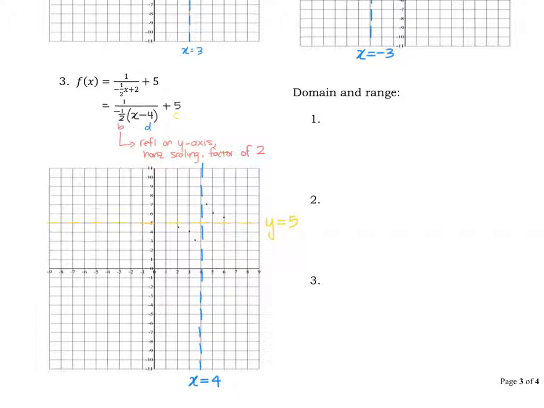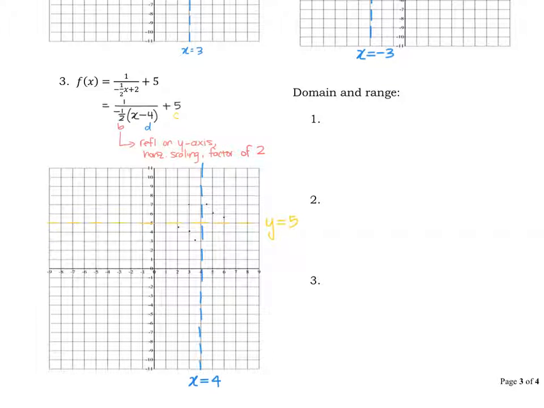So in order to show that here, I'm going to take each of these points on my upper arm, and I'm going to reflect them on the y-axis so that they now come over here. And at the same time, I'm going to pull them away from the vertical asymptote by a factor of 2. So the first point at half, 2 is now going to become negative 1, 2.